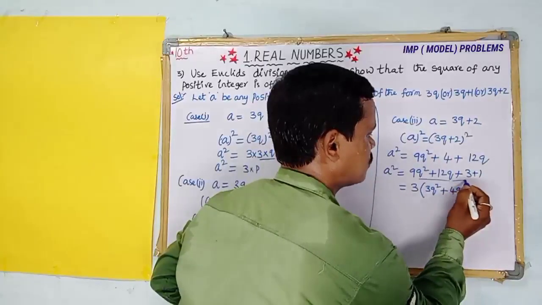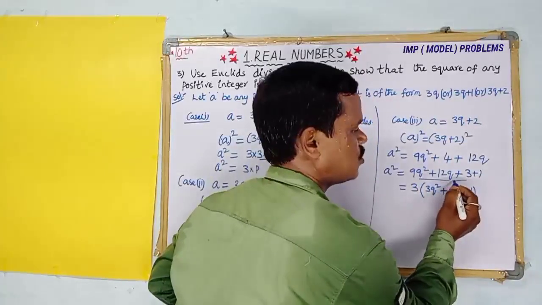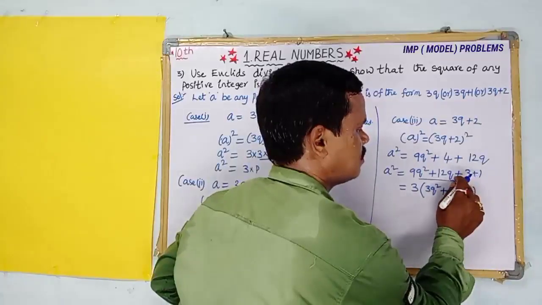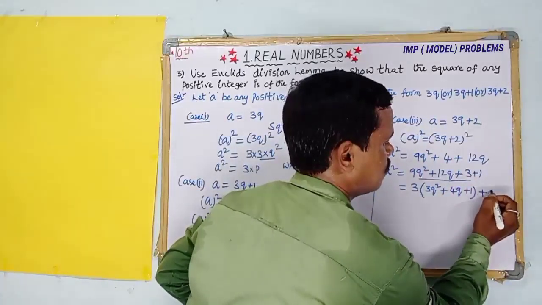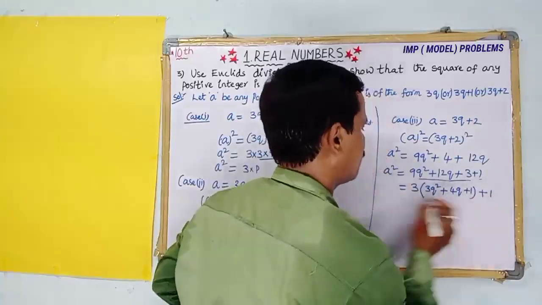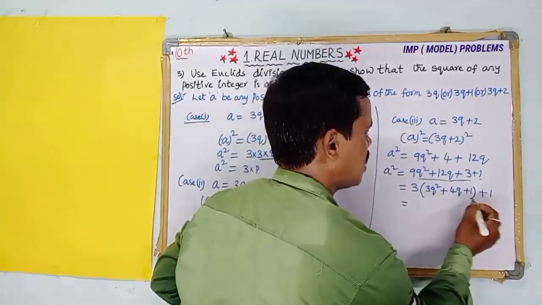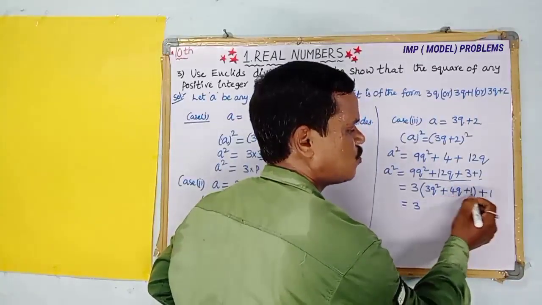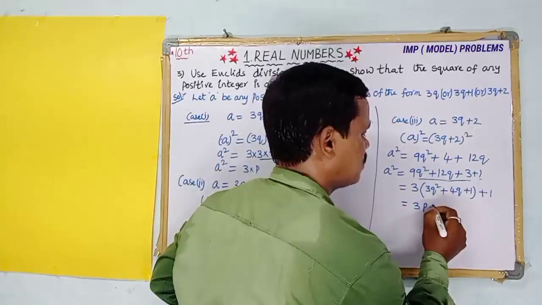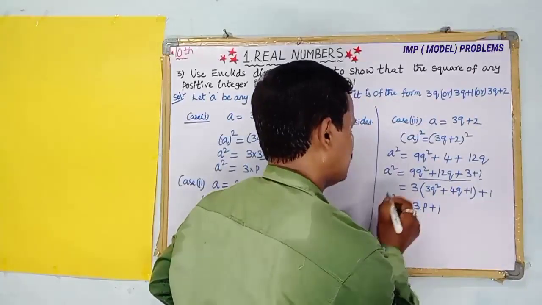First 3 terms 9q square plus 12q plus 3, 3 taken as common. Now 1 writing separately. Now this value taken as p. 3 into 3q square plus 4q plus 1, this value taken as p. 3p plus 1, a square.